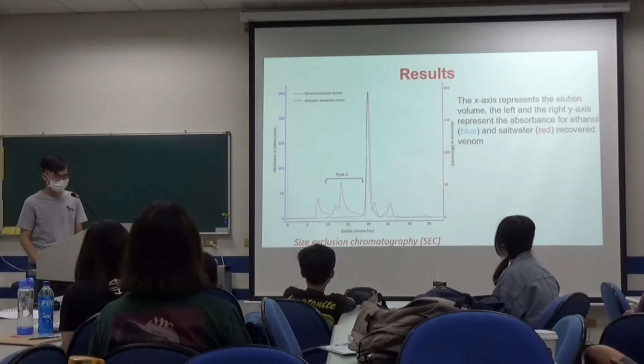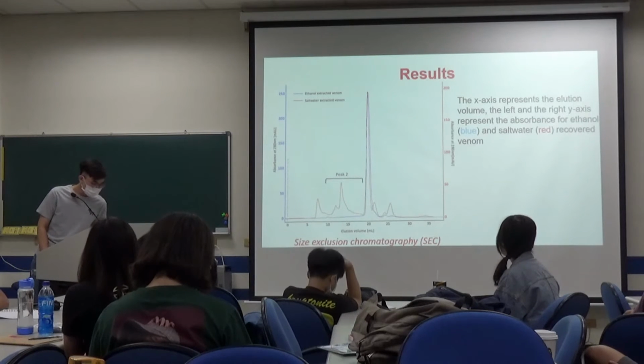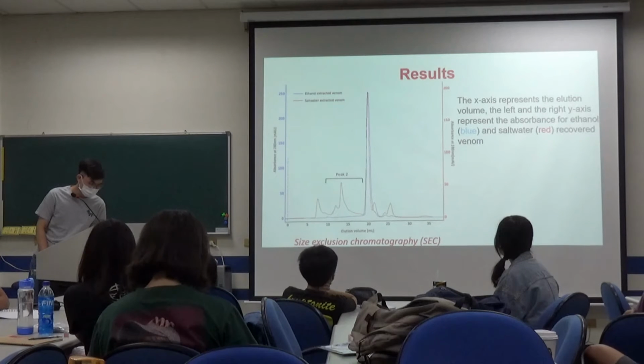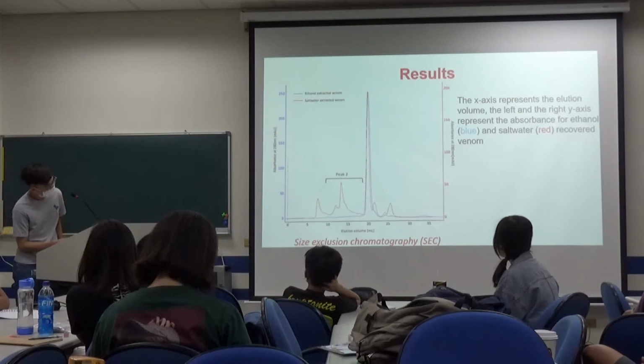Repeat the question, or do you want to know this detail? So the sea water is the red one, up to 250. You have to point to the projector screen, not on your own screen.